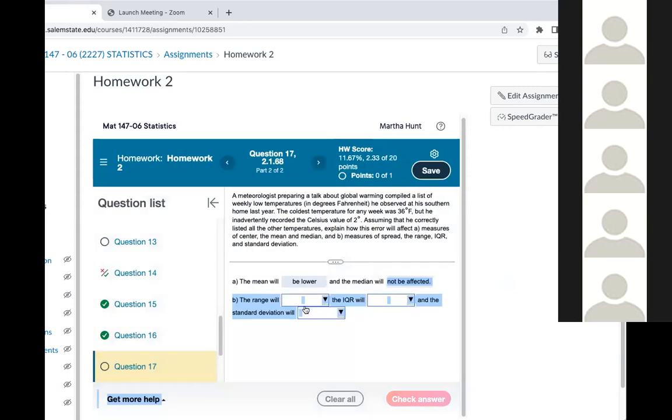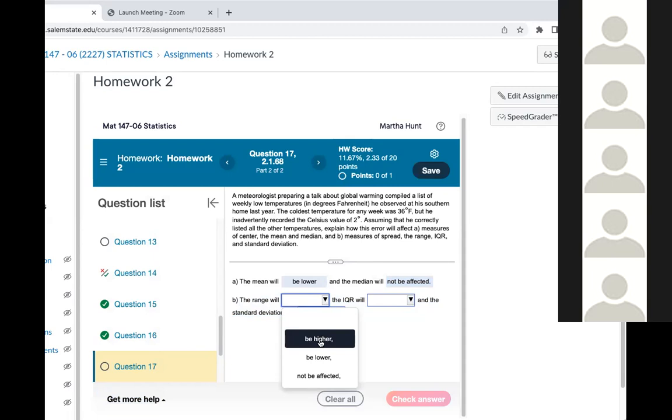Okay. What about the range? The range is the difference between the largest and the smallest. Here are our choices. It'll be higher, lower, or not affected. Higher. It will be higher because it's the difference between the smallest and the largest.